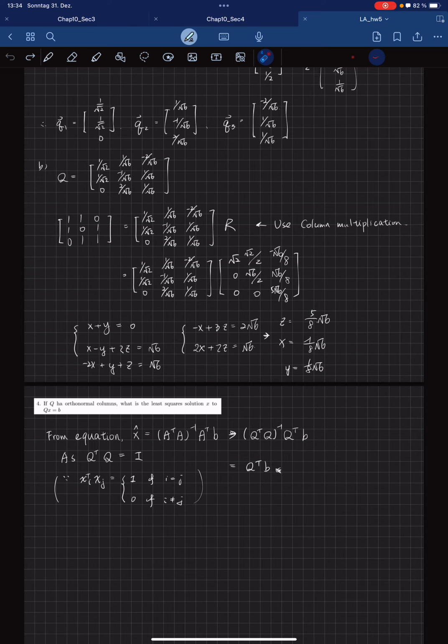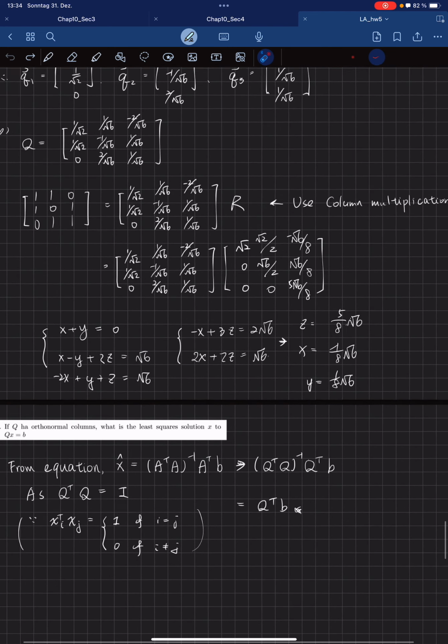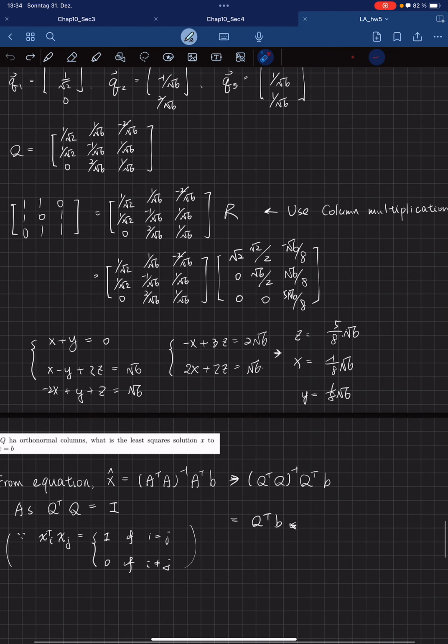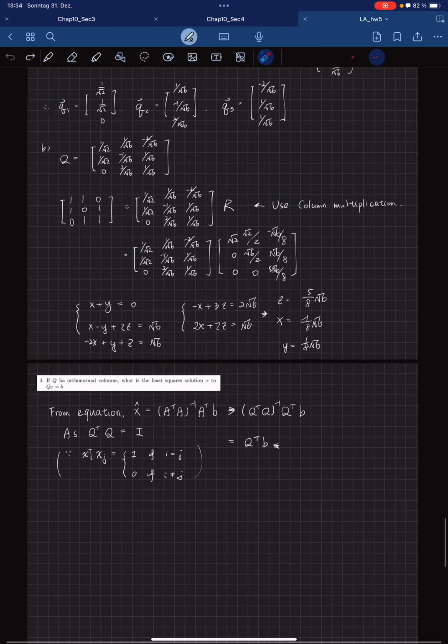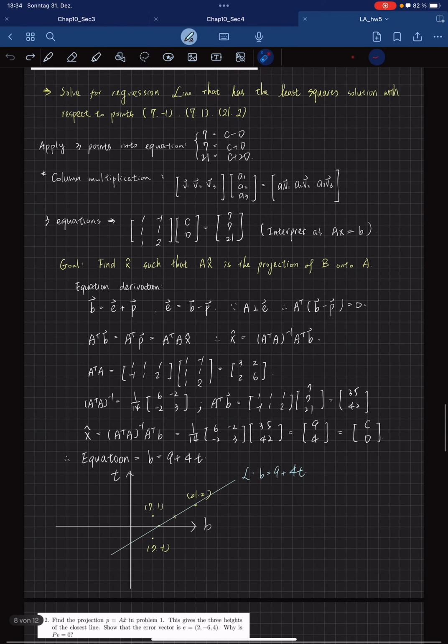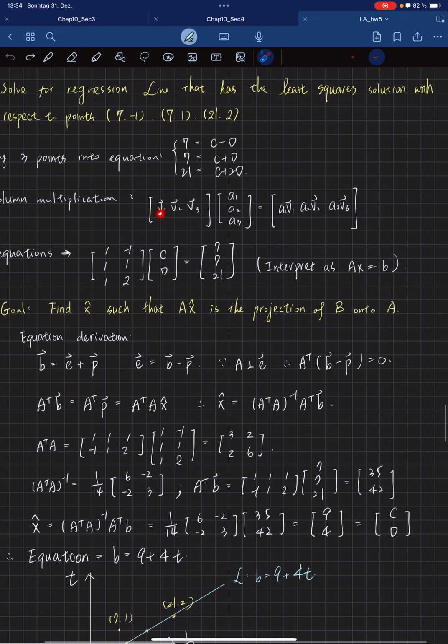But that's too much of a hassle here, because this is just straight up ugly. Instead, my take is to use our column multiplication in reverse. So armed with the knowledge that v1, v2, v3 times a1, a2, a3 is just a1, v1, a2, v2, a3, v3.